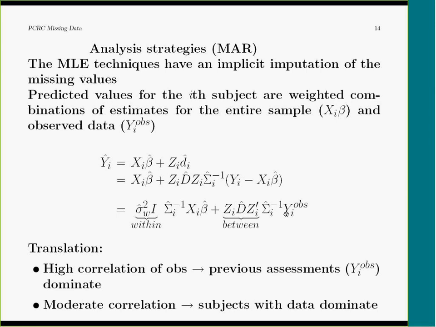And when there is high correlation between the observations, a lot of between-subject variation, these previously observed data will dominate that kind of estimation, and when the correlation is lower, then the data from the other subjects will dominate it.